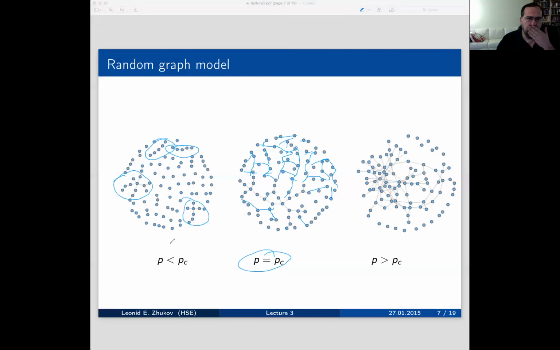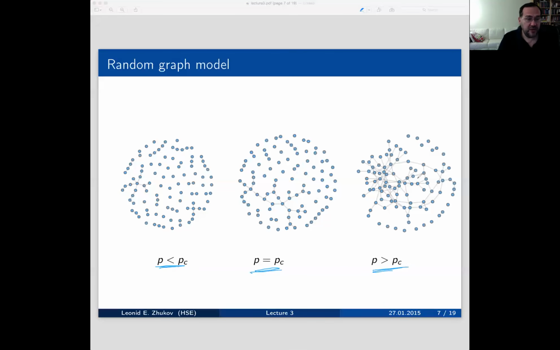So on this picture, you actually see three stages. One stage when we have very low density, one stage when we're close to the critical density, and one stage when we're above critical density.